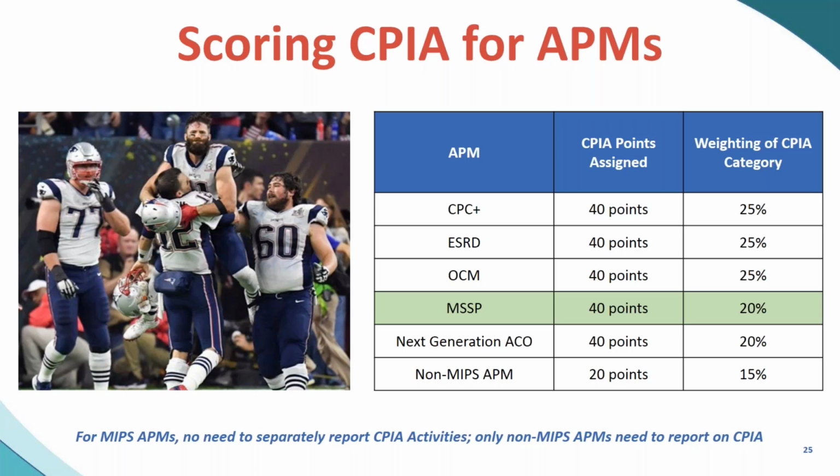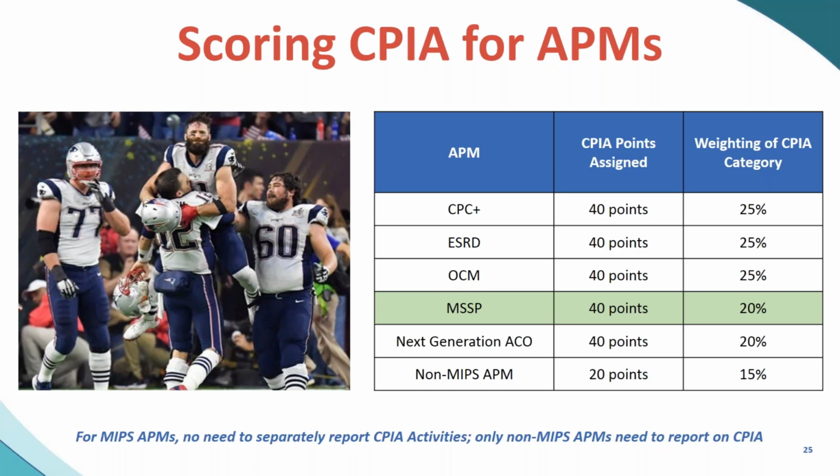Technically, you would not have to report any of the CPIA activities outside of your work with the ACO, but you may very well want to get that bonus back in your ACI score. So if you're not at 100% when you work out the math on your ACI score, then by all means, report your other CPIA activities that you have going on.